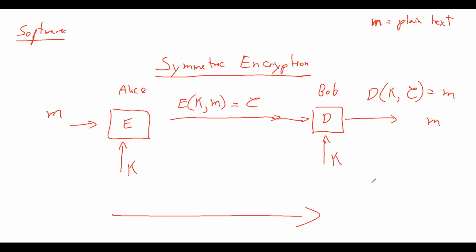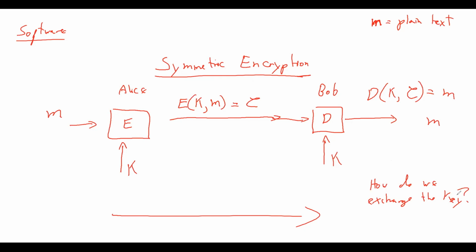So that's one of the challenges. How do we exchange the key? Right? That secret key. How do we do that? So that's one of the primitives that we will talk about.